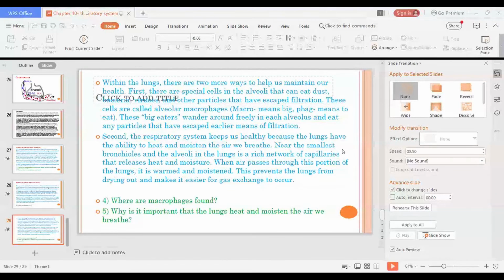So these big eaters wander around freely in each alveolus and eat any particles that have escaped earlier means of filtration. So macrophages can be found in each alveolus, right? Okay, thank you.